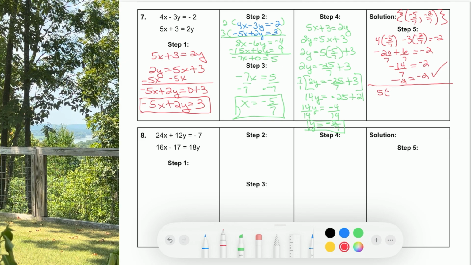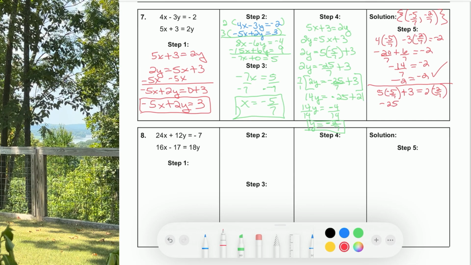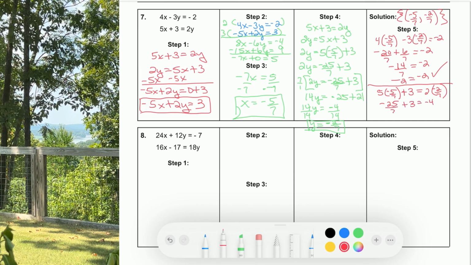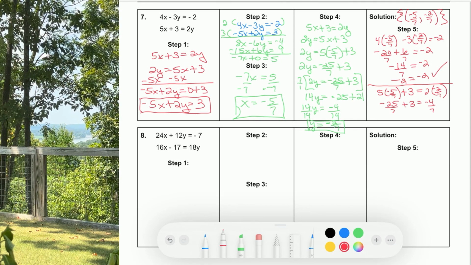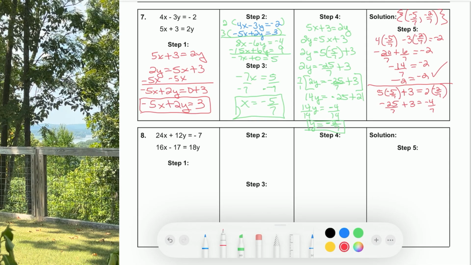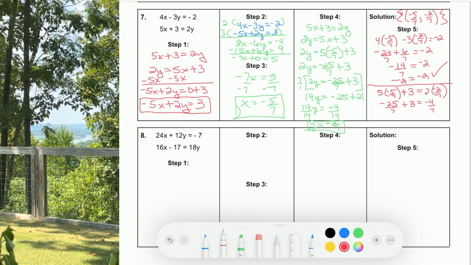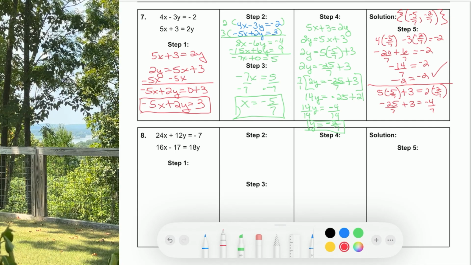5 times negative 5 over 7 plus 3 equals 2 times negative 2 over 7. I get negative 25 over 7 plus 3 equals negative 4 over 7. All right, so let's see. How do I want to go about this? Do I want to get rid of my 7s?